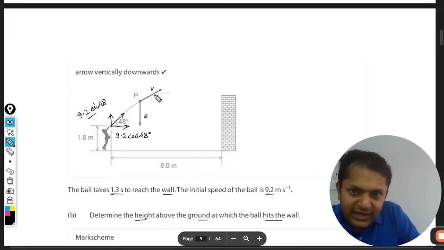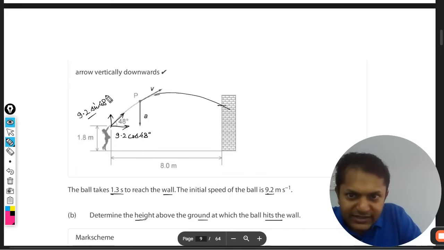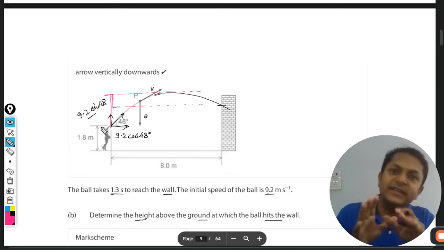Let us assume that the particle manages to go like this, and this is the point where it is hitting. Vertically from this point, it is going to attain a certain height like this, and then it is coming back. But let's say this is the point where it hits, but it is still not going down.